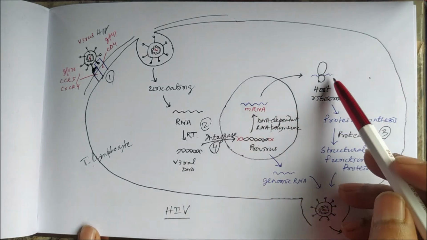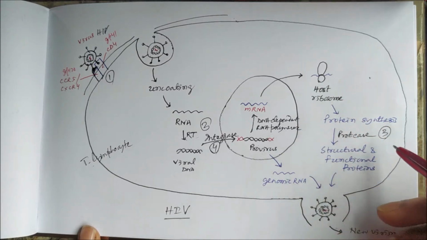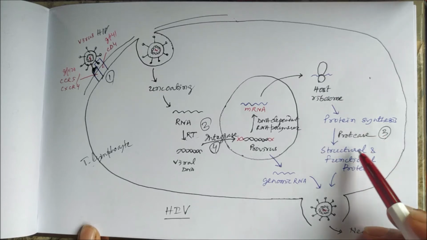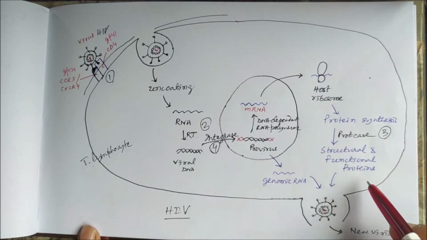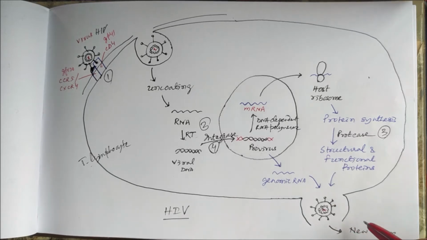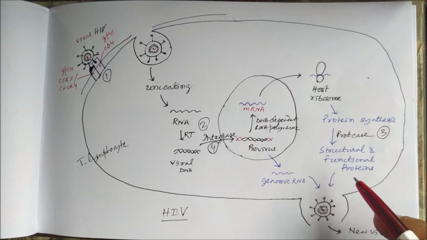Messenger RNA will now bind to the host ribosome to synthesize the viral proteins. Those proteins will be cleaved by protease to structural and functional proteins. All the structural and functional proteins and genomic RNA will assemble together to produce the new virion, which will be released from the T lymphocyte after bursting of the T lymphocyte.